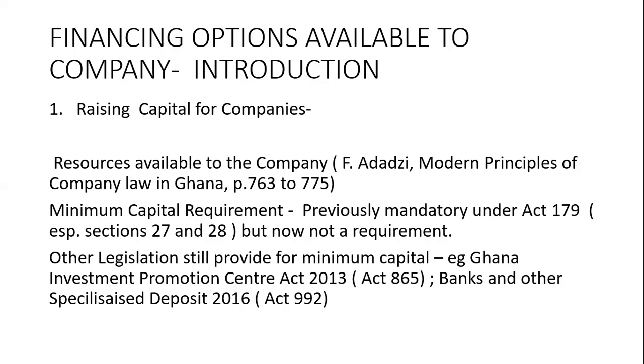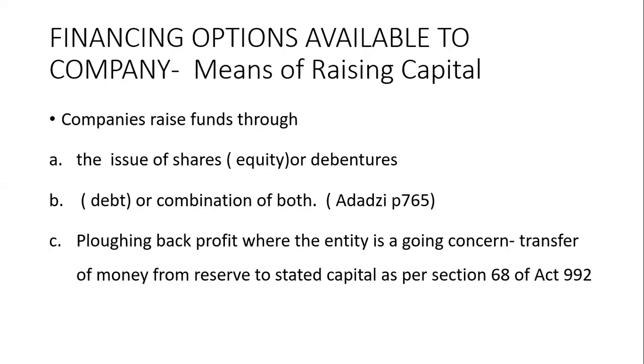If you are savings and loans, probably 100 million Ghana cedis, or the amount as stipulated by the Bank of Ghana. If you're a rural bank, probably 1 million or something like that. So not until you raise that, you will not be given the license. Or if you had a license and your stated capital has fallen below that, sanctions will be imposed on you. But those are just exceptions, not the rule.